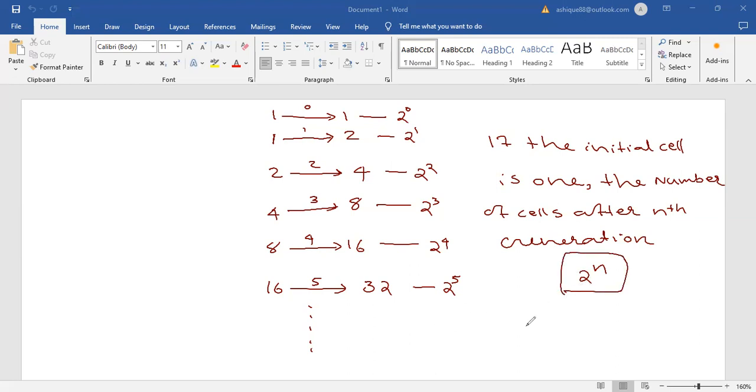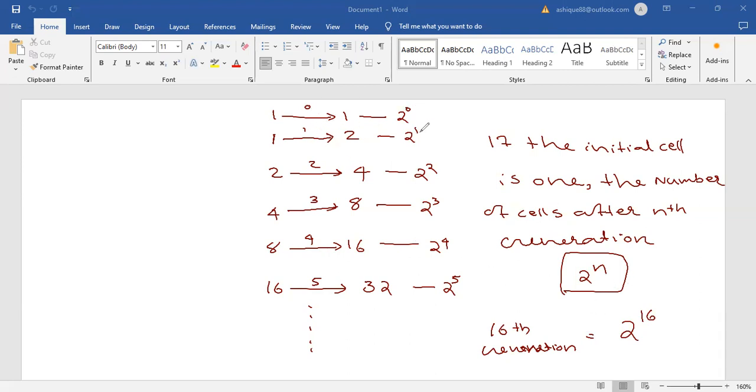For example, in the 16th generation, what will be the number of bacteria? The answer will be 2 raised to 16. In the 0th generation, 2 raised to 0.